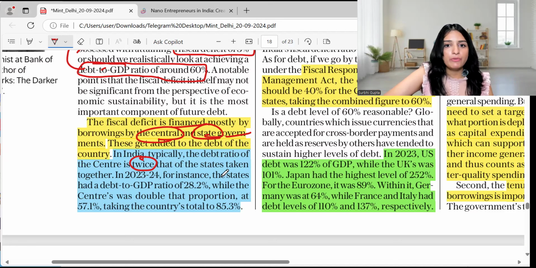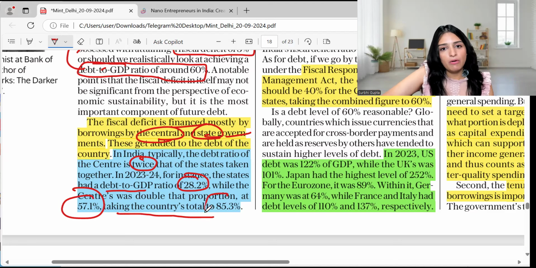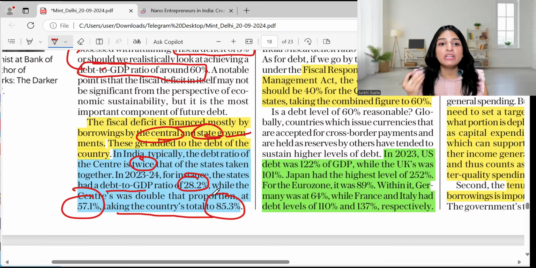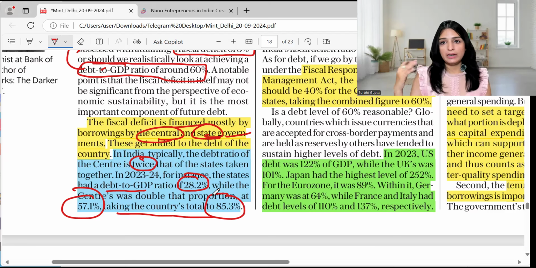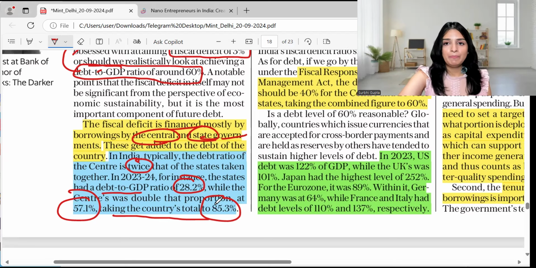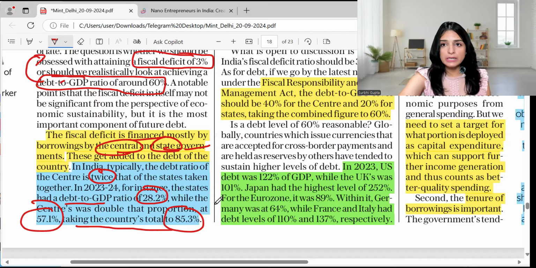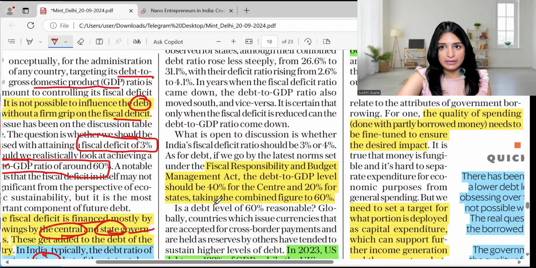In 23-24, for instance, the states had a debt to GDP ratio of 28.2%, while the center's was double that proportion at 57.1%, taking the country total to 85.3%. The country's total debt is 85.3%, out of which 57% is of the center, and states have half of it, like 28.2%. So we're trying to say what the scenario of debt in our country is.